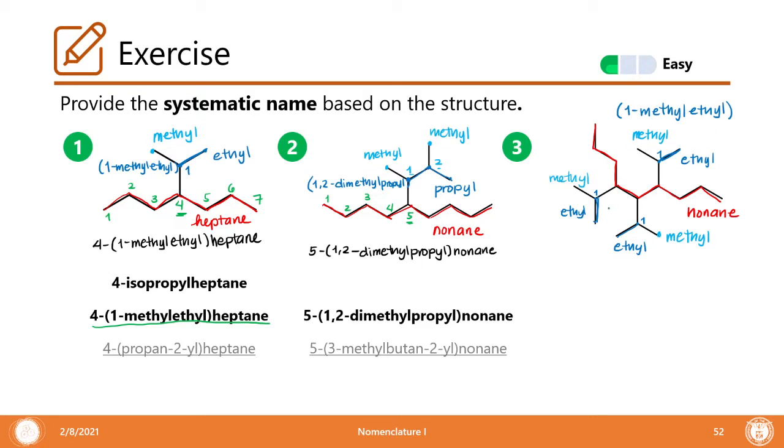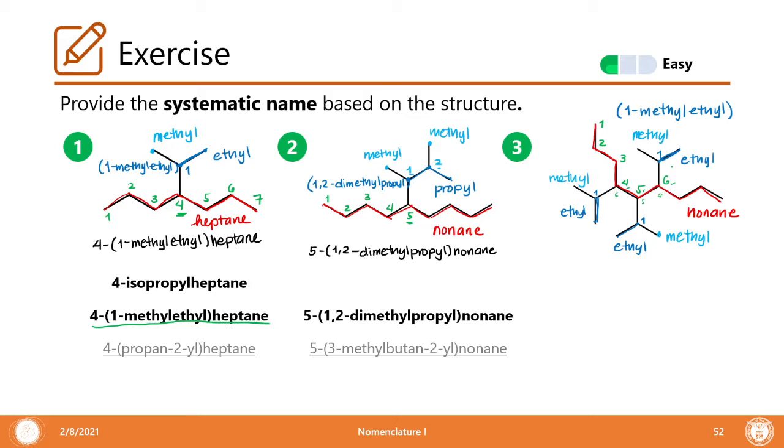And if we do the numbering, I will try to start from here. 1, 2, 3, 4, 5, 6. So 4, 5, and 6. If I start here, 1, 2, 3, 4, 5, and 6. So it doesn't matter.